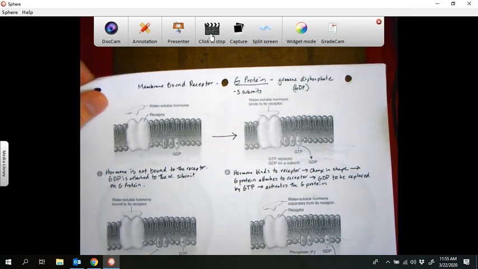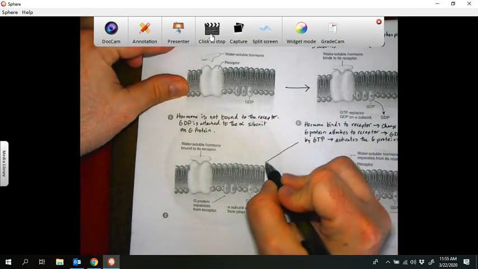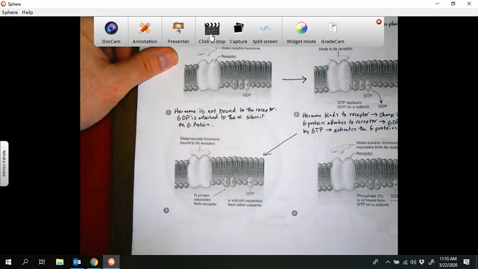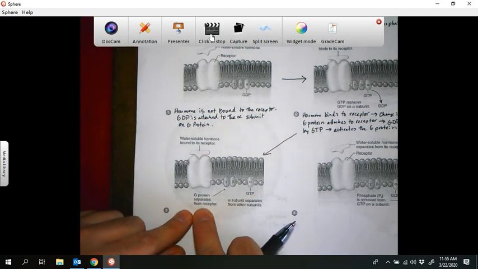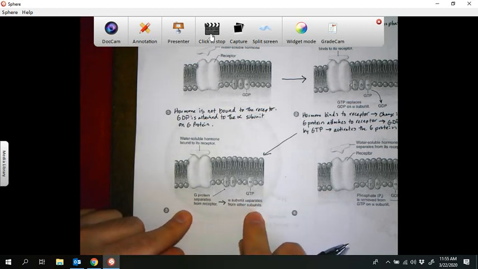So moving down to diagram number 3, which is here, we still have the hormone bound to the receptor. Because we activated the G protein by replacing GDP with GTP, that causes the G protein to separate, which then the alpha subunit separates from the other.